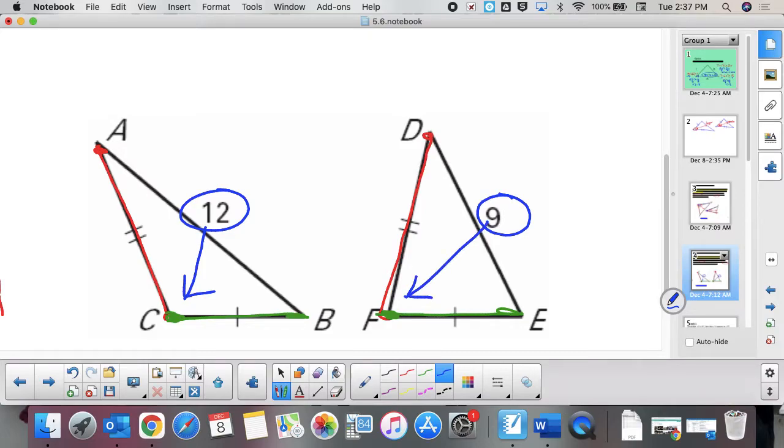So the side opposite 12, angle C, will be bigger or greater than the angle opposite 9, which is angle F. All right, so that's what's known as the hinge theorem.